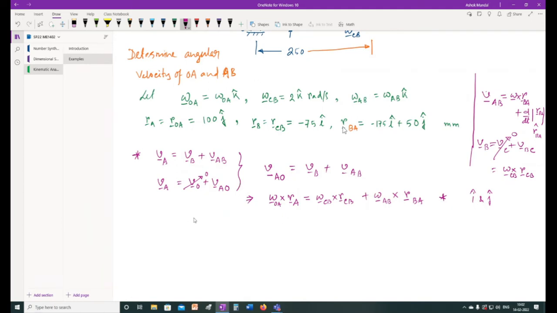Now let us put the values in this equation. Omega OA, this is the magnitude, not the vector, multiplied with K cap and then cross RA. What is RA? We have written here 100J.